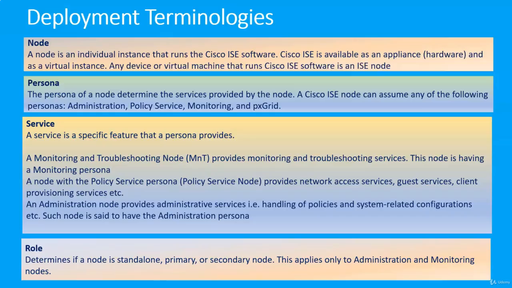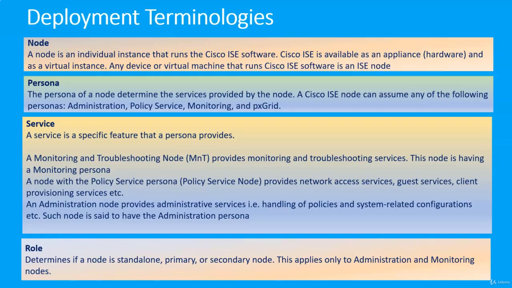Since the persona of a node determines the services provided by the node, let's talk about service. A service is a specific feature that a persona provides. What characterizes a node to be called an administration node is because the node is having an administration persona and definitely will be providing administration services.